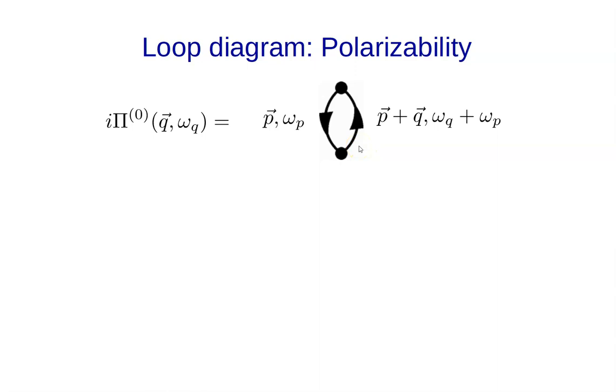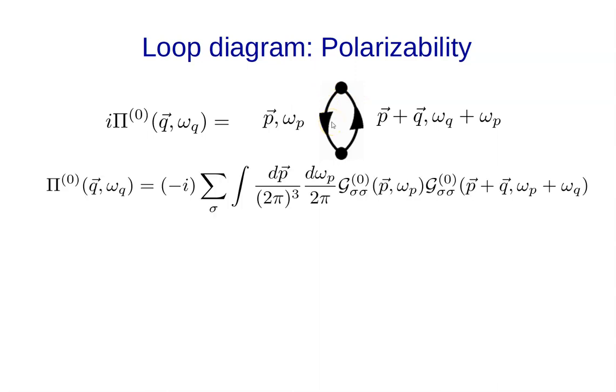So I can evaluate these diagrams, right? These are free propagators, so they have momenta and frequencies associated with them. One of them would be q, and the other one would be q plus Q or q minus Q, depending on which you are evaluating. But at the end of the day, it would be something like this.